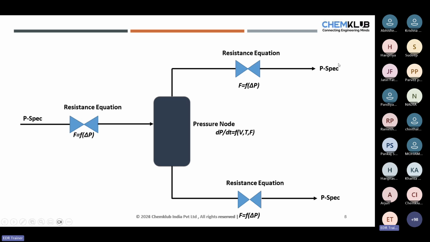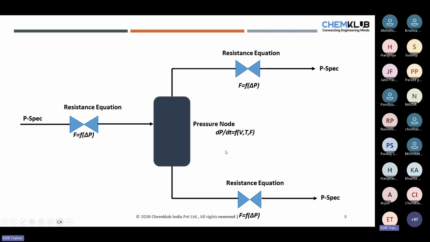Pressure P spec is a specification which has to be provided at the battery limit of this node. The resistance equations are created in the valve, it can be an exchanger as well, or some other equipment. And then there are pressure nodes, which basically have a liquid volume, an appreciable volume. So that is called a pressure node.